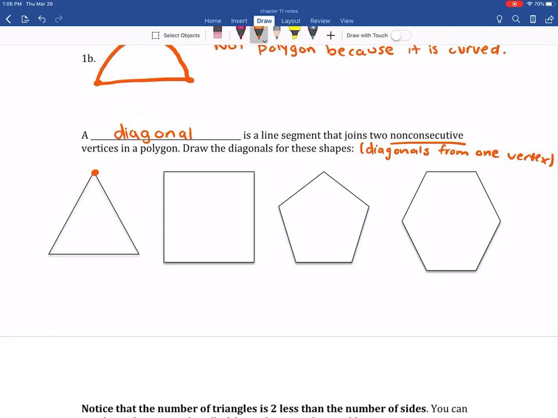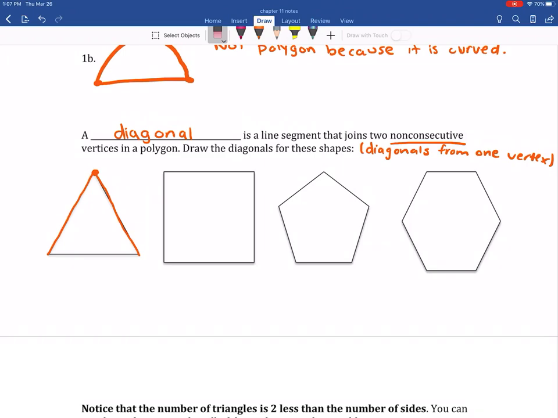So if I pick this vertex, I can't draw any diagonals here because if I were to connect any of the vertices, they're consecutive. They come one after another, and I would just be tracing over the sides. So that doesn't work. If I drew one here, that's not a diagonal because it doesn't go to another vertex.